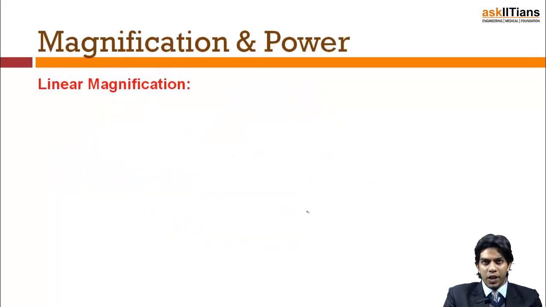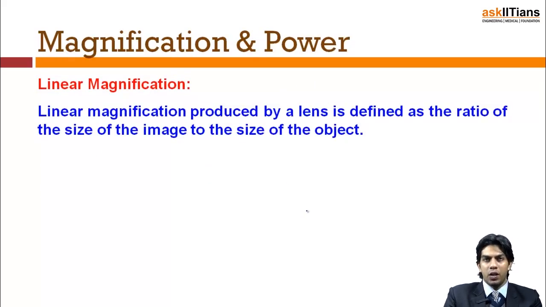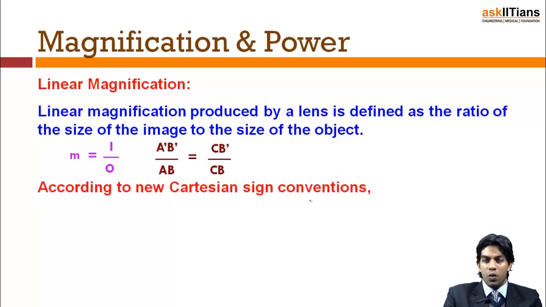Now, the magnification and the power. Linear magnification is basically the image height divided by the object height. So m is equal to I by O, or corresponding to the Gaussian diagram which I showed you earlier, the ratio comes out to be this.